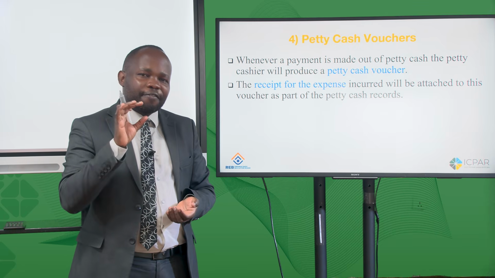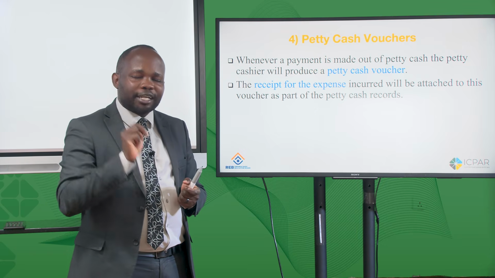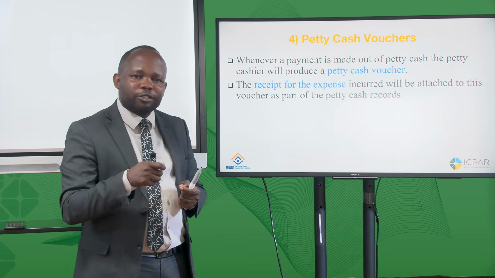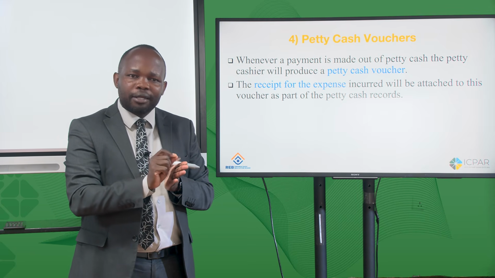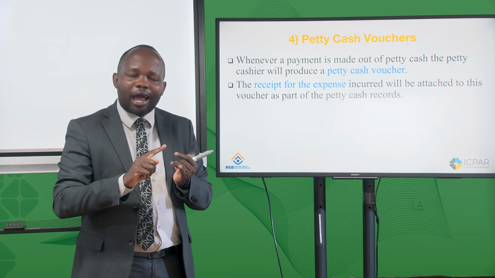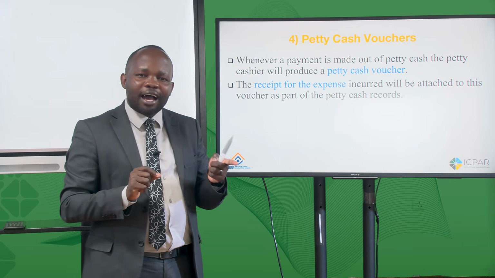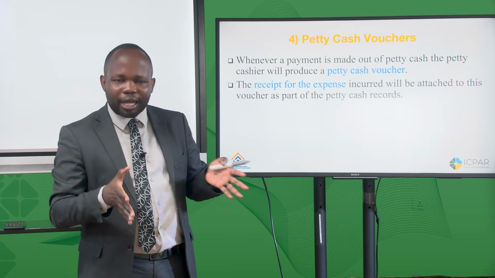Now, we have said if there is any payment, there should be two important documents which you should support. Whenever the petty cashier is giving out payment, he fills the amount that has been given out in what we call a petty cash voucher. This voucher records how much has been issued out to the person taking the petty cash.